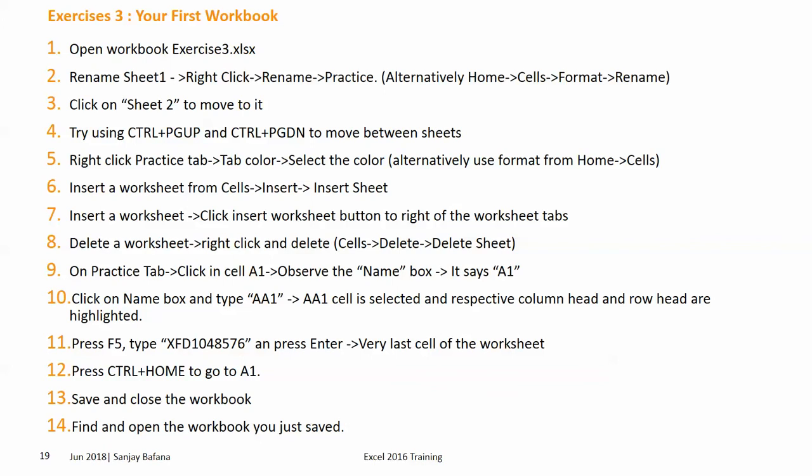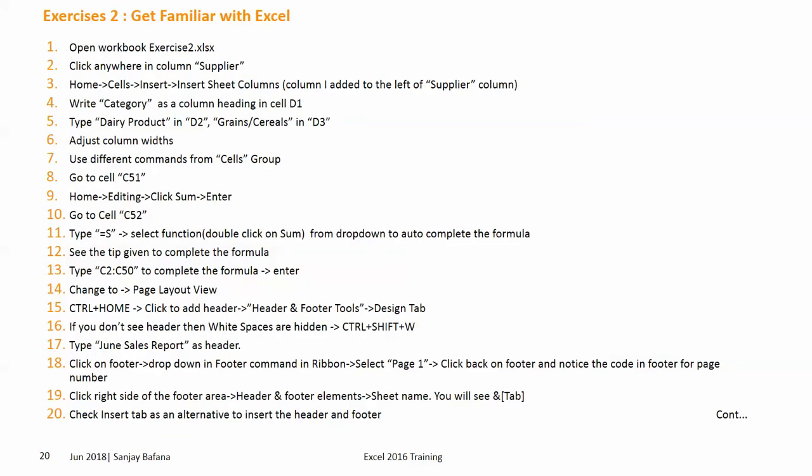And then we also learned to use Control Home to come back to the first cell A1 of a page from anywhere. We saved the book. We looked at various formats in which you can save the workbook, and we also found and opened that workbook. We also saw that when you try to open the workbook, Excel generally gives you the recently opened files from where you can quickly open your last accessed file.